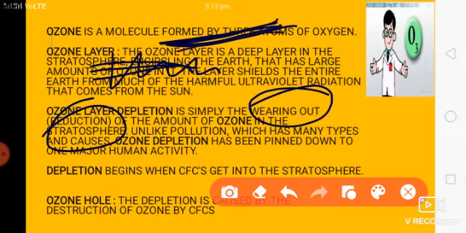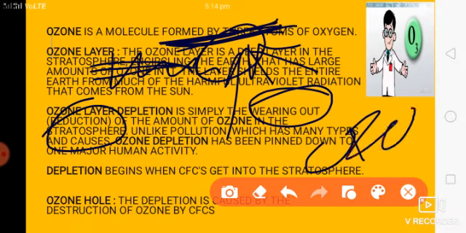It has become thinner, I must say, day by day, due to various human activities which are causing pollution, and the most important cause is that the accumulation of CFC is being done. CFC is a pollutant, chlorofluorocarbon, which is actually wearing out or causing the disruption of the ozone layer.